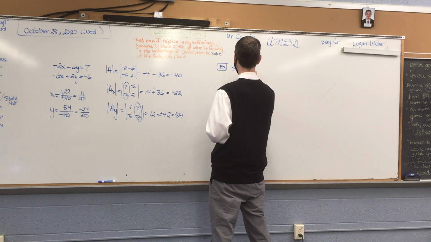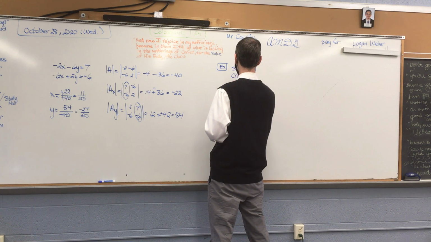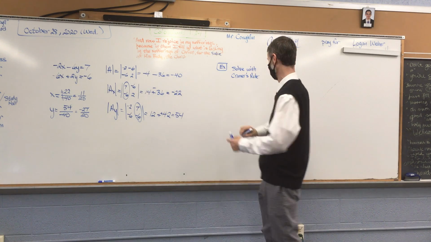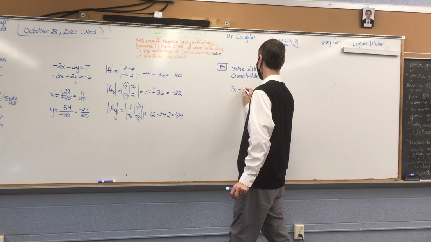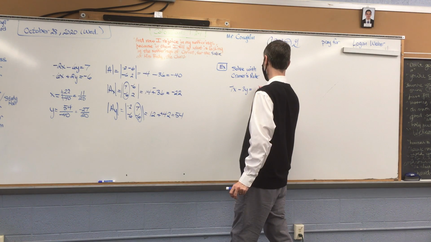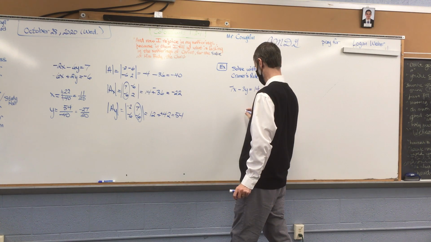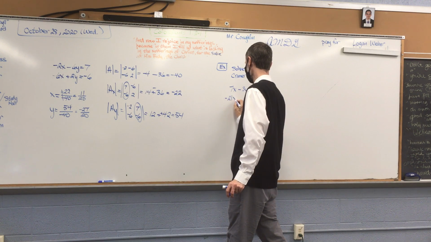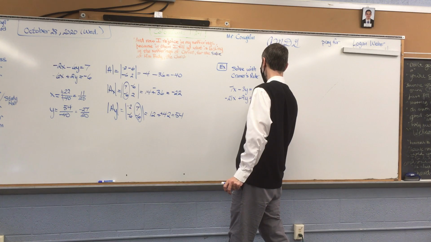Solve with Cramer's rule: 7x minus 3y is equal to 14, and then negative 21x plus 9y equal to negative 42.